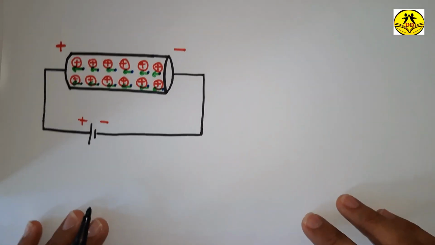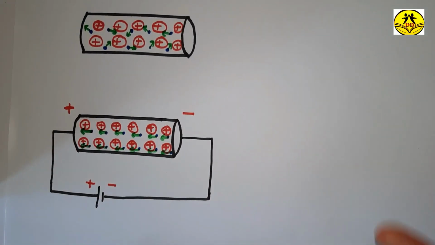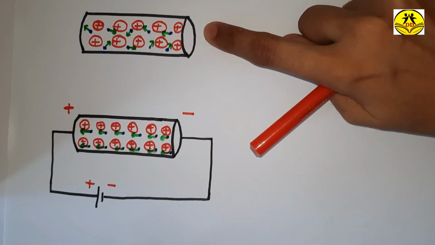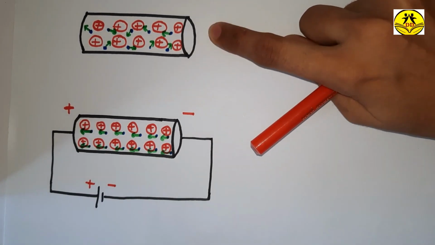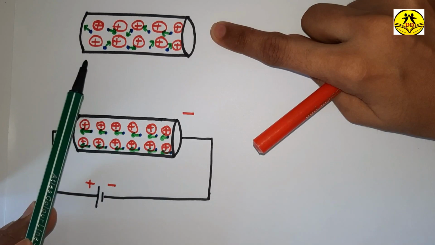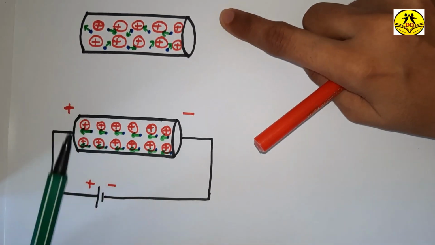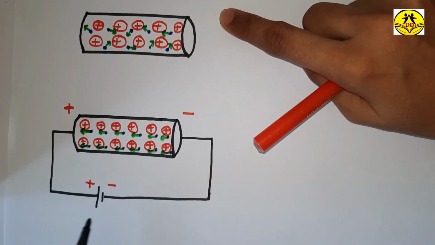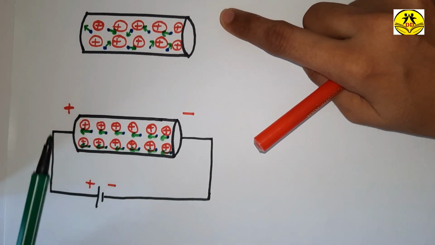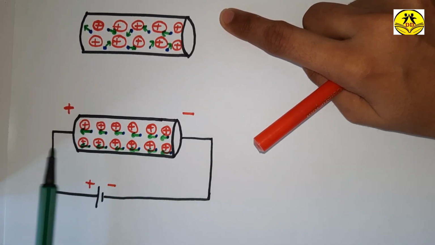So a mere metallic conductor won't have a current. It has to be connected to a potential difference in order for a current to flow.